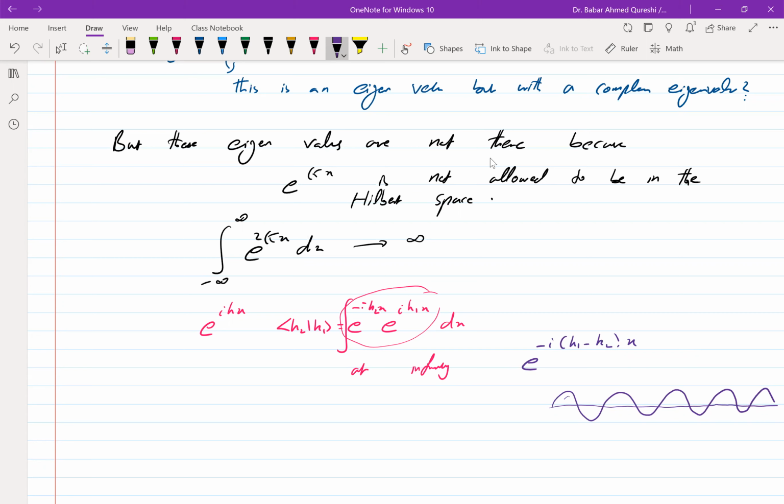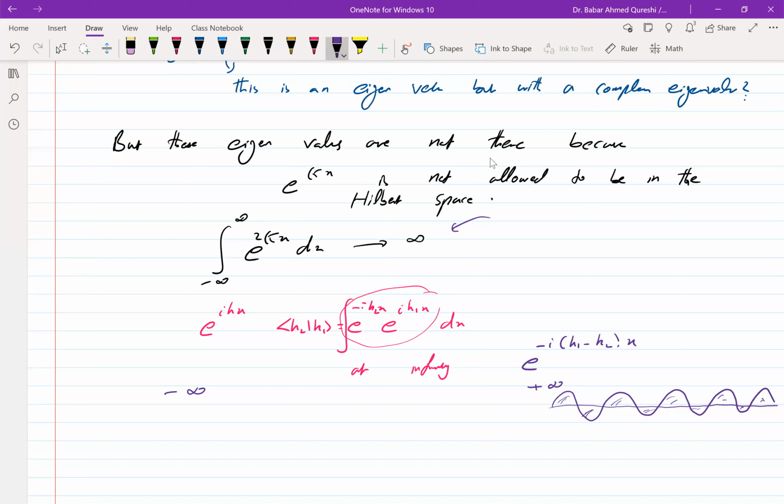You get something over here, they keep canceling, but there's no systematic way of deciding what value it would take at infinity. And that happens at plus infinity and minus infinity. So it's not as bad as this, but at least it's not well defined. So strictly speaking, this should not be in the Hilbert space.